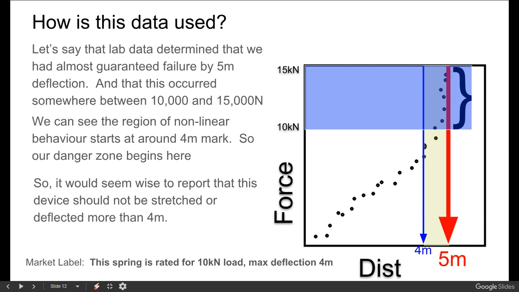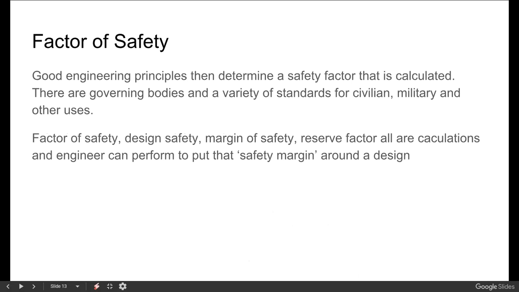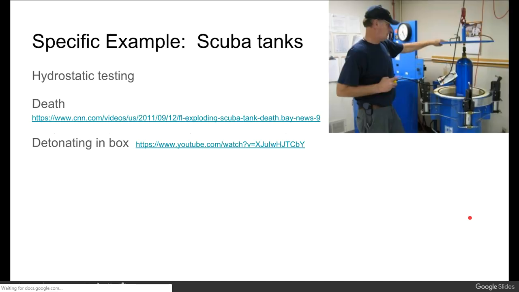That's where the artistry sort of kicks in, and the laws of the country. This factor of safety is considered a good engineering principle, and there are governing bodies that control it and a variety of standards on this safety factor design. So they have factors of safety, design safety, margin of safety, reserve factor, and this is what the engineers use.